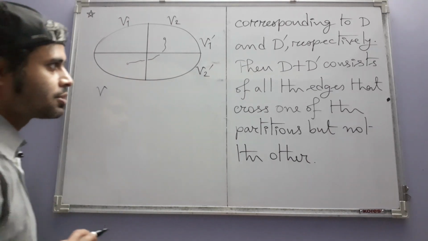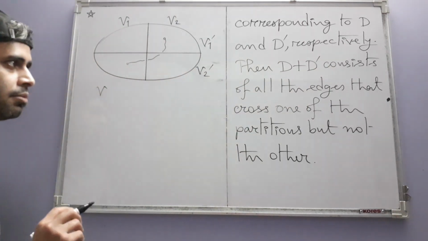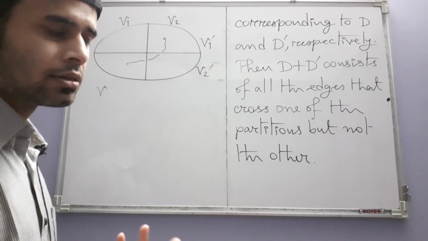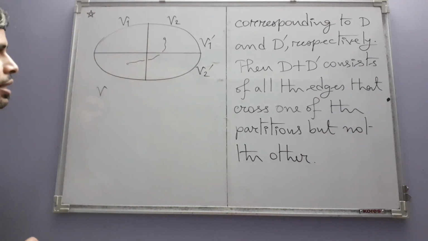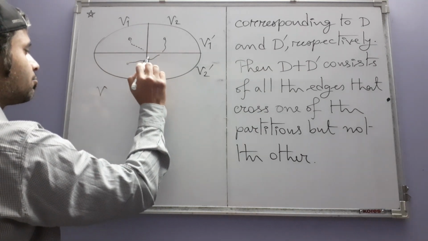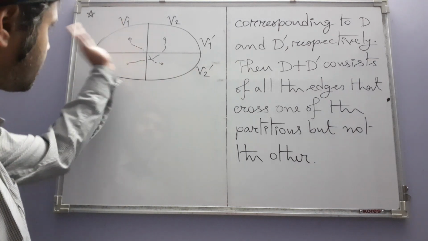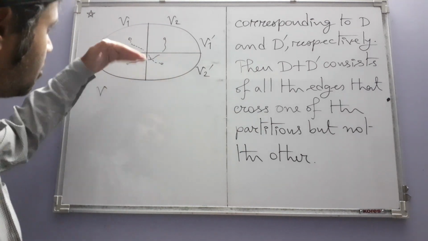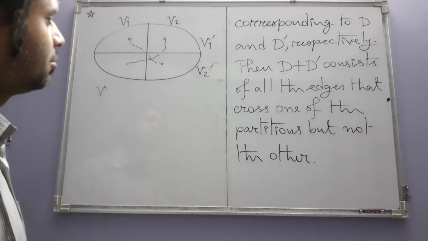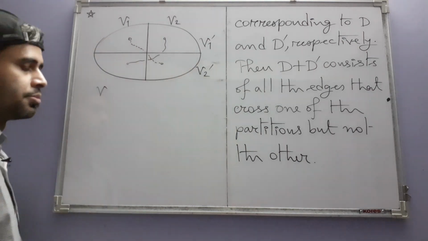But then this becomes an edge that is in the set D as well as D prime, but we do not have such common edges in the symmetric difference of two edge sets. So that is why this type of edges are not allowed. Also, this type of edges also are not allowed for a similar reason, because then one end belongs to V1, the other end belongs to V2. Also, one end lies in V1 prime and the other end lies in V2 prime. So that means the edges that are allowed are either like this or this.